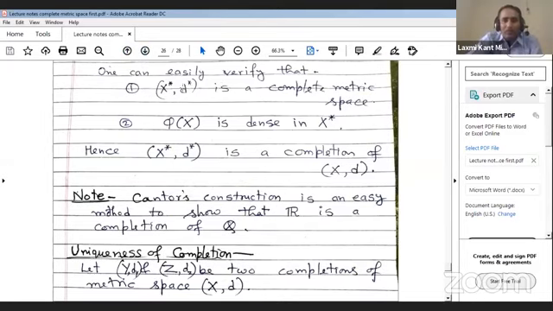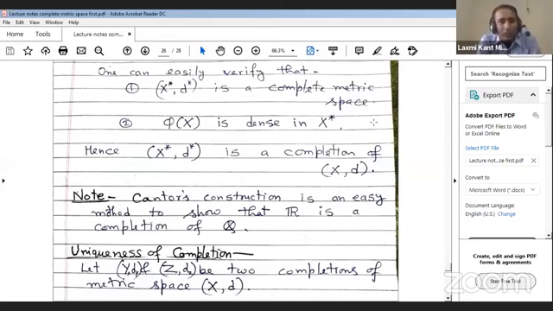Now we can check that this X star, d star is a complete metric space, and second, the image of phi, that means phi(X), is dense in X star. These two are big things you have to check, and if they are checked, then we can say that X star, d star is a completion of X, d.